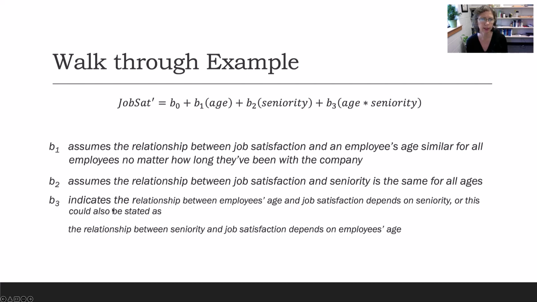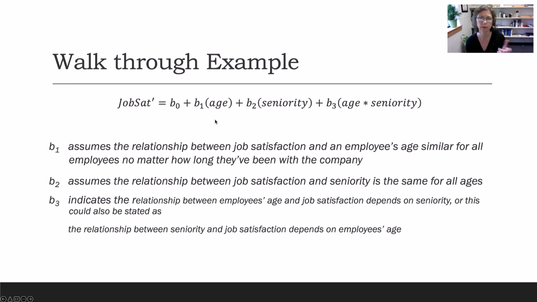So B sub 3 indicates that the relationship between employees' age and job satisfaction depends on seniority. That's what this term is grabbing. Or we could put it oppositely: the relationship between seniority and job sat is dependent on the employee's age.